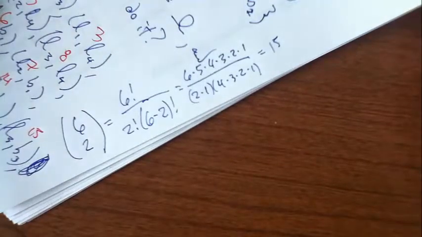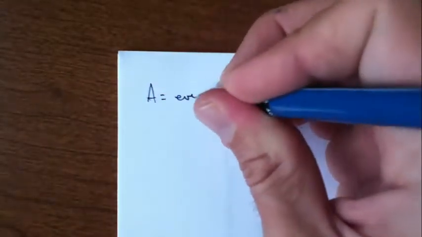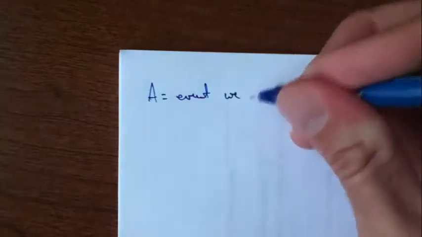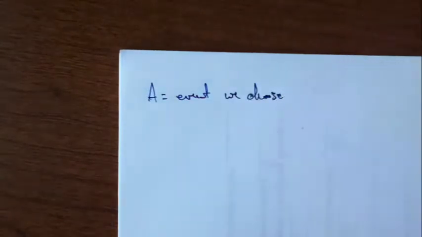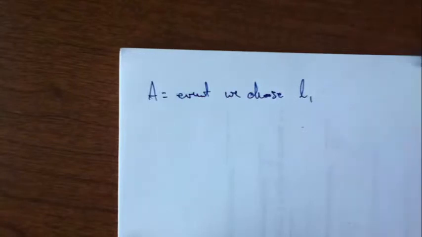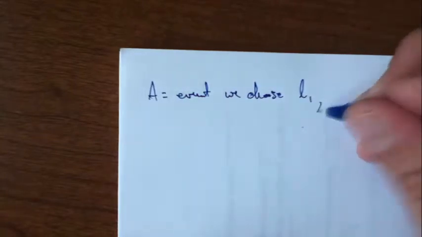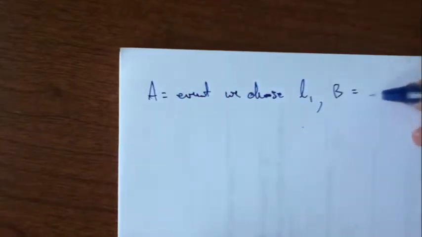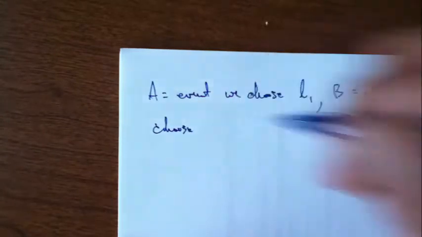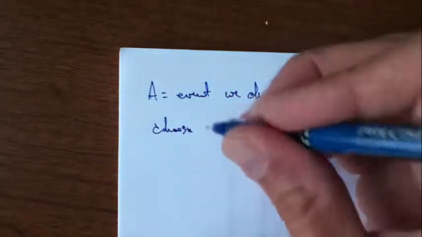Just a couple more things. What if A is the event that we choose the first lion, L1, and B is the event we choose a bear at all?